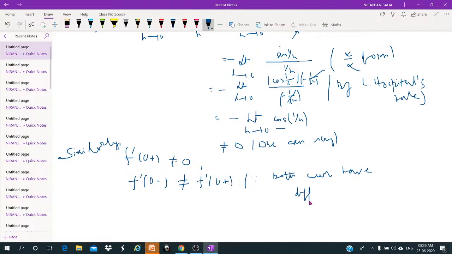That's why f is not differentiable at 0.